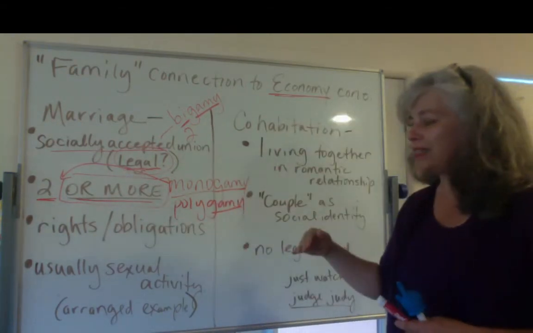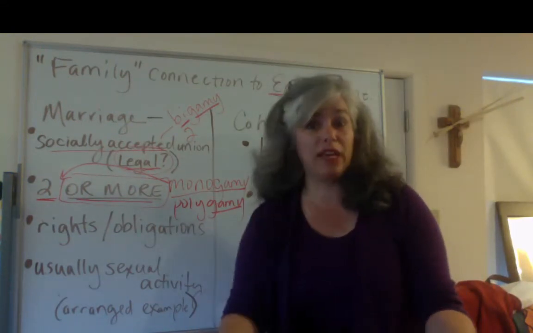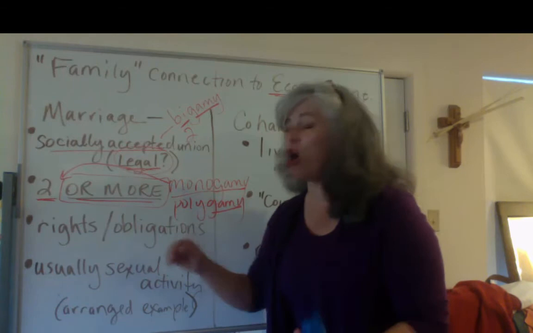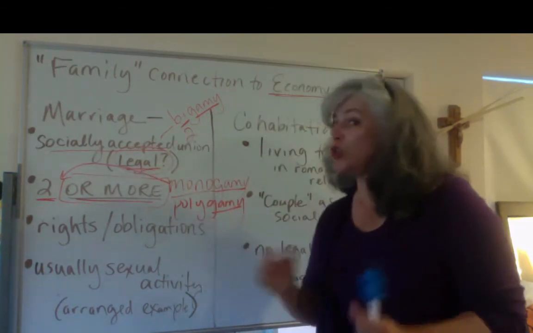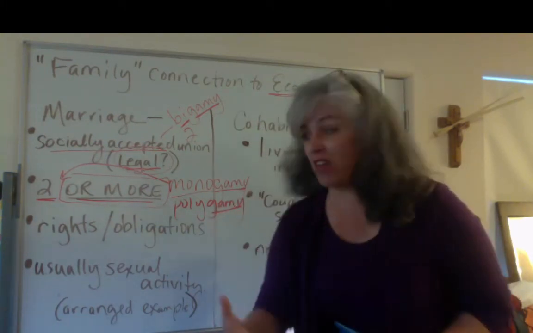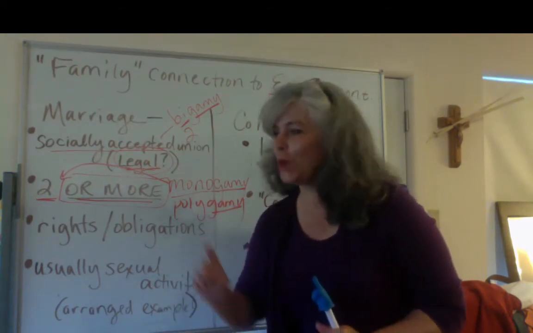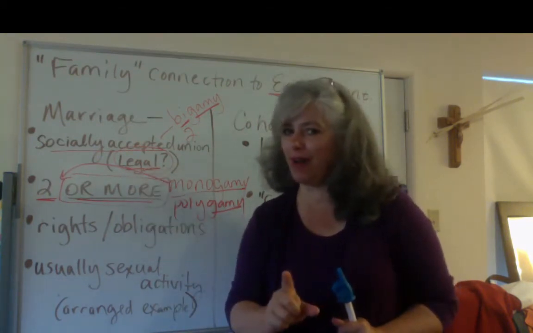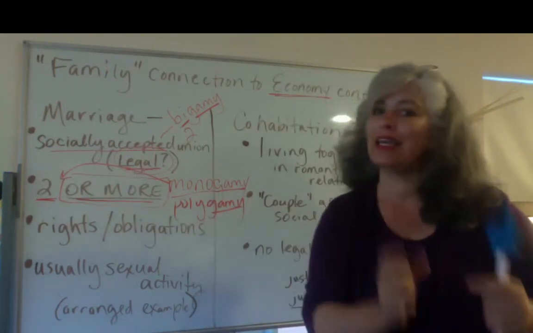There's all kinds of rights to Social Security benefits, for instance, if you are within the marriage bond. You have children with rights to Social Security benefits if those children are produced within the marriage bond. There are legal children and there are illegal children.